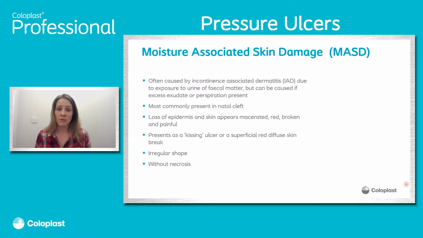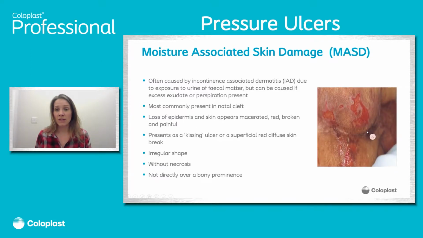Again, there's absolutely no necrosis when we're looking at moisture-associated skin damage. So it is just that very superficial skin loss, that loss of the epidermis, where it's quite red and angry looking and excoriated because of the constant exposure to that moisture, whether that's through urine, fecal matter or sweat.